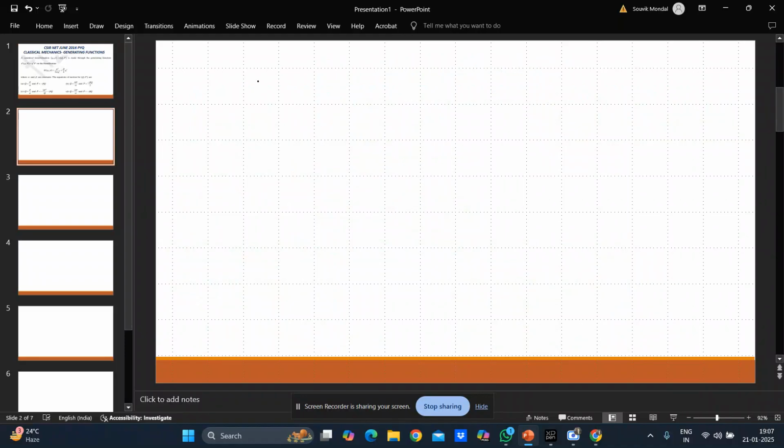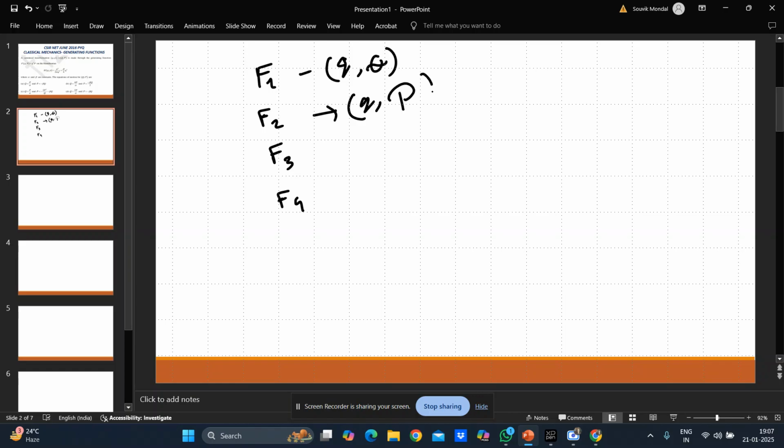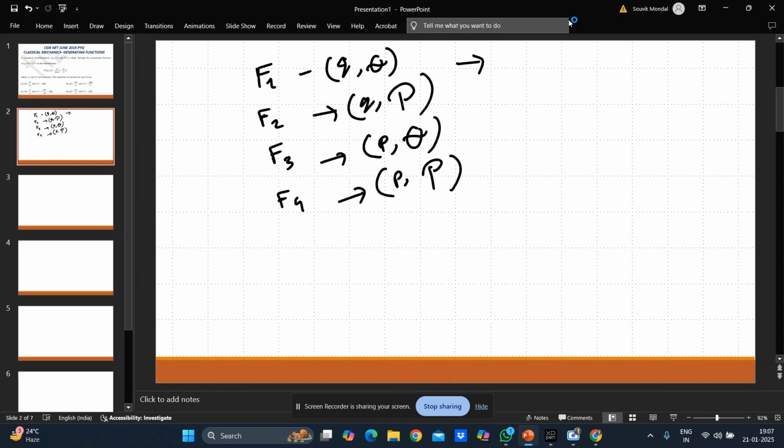most of you maybe forgot that there are four generating functions actually: F1, F2, F3, F4. This is from small q and small Q. This is from small q and capital P. This is from small p and capital Q, and this is from small p and capital P. And from these generating functions, to get the information about the other two coordinates, there are some sign conventions also.